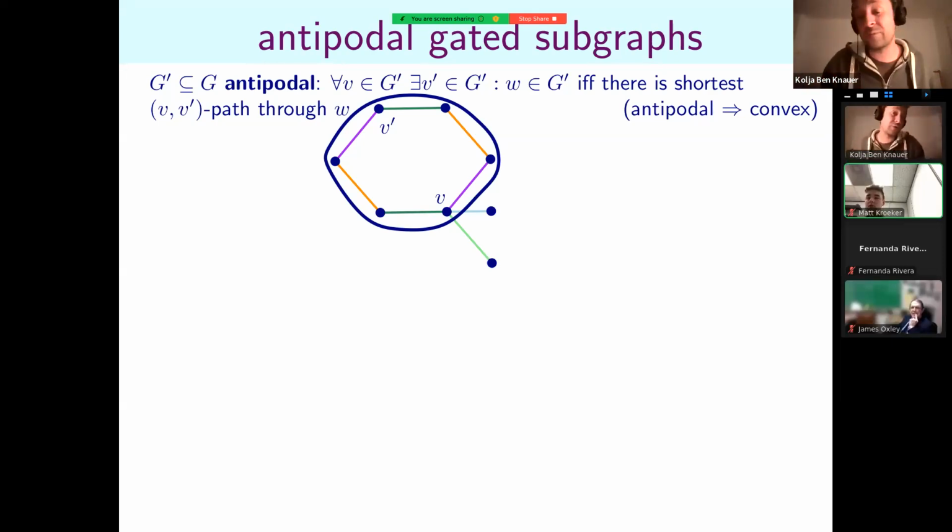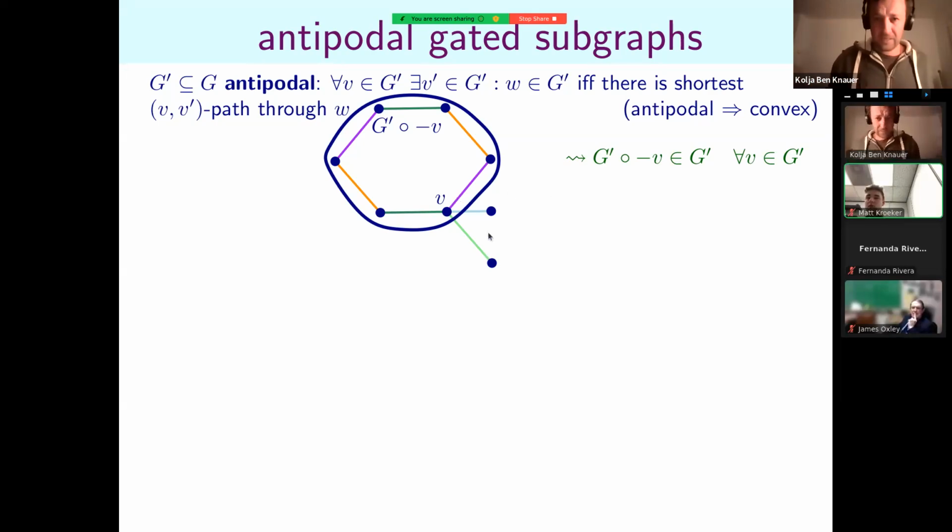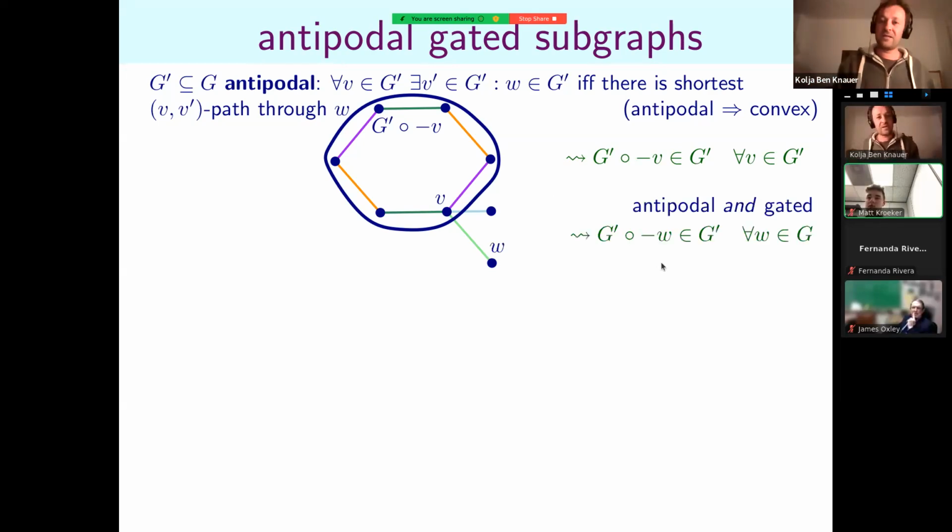So these are also convex subgraphs. And in sign vectors, you can also express this property. It just means that the antipode of V is just G prime composed with minus V. And if the subgraph is antipodal and gated, then from outside I can take a vertex, take the gate inside the subgraph, and then take the antipode inside the subgraph.